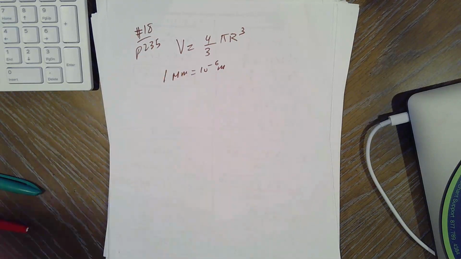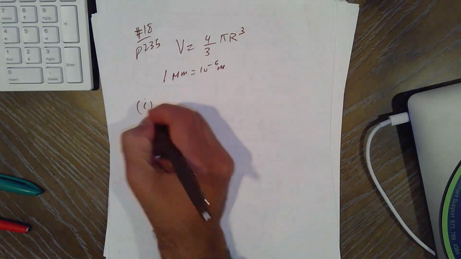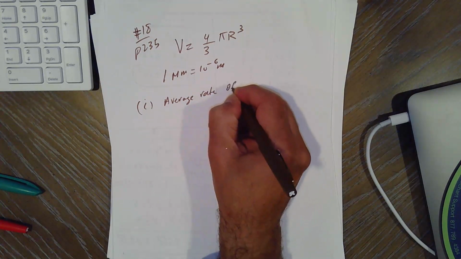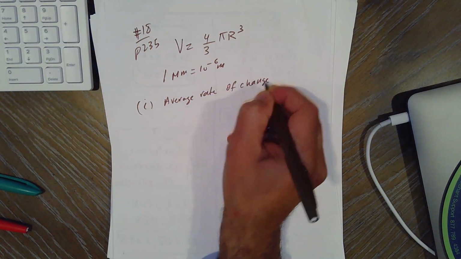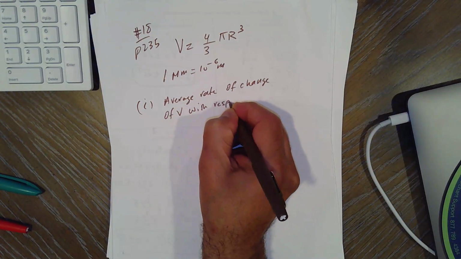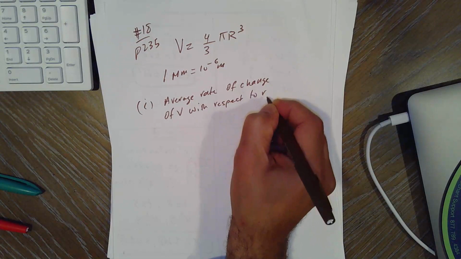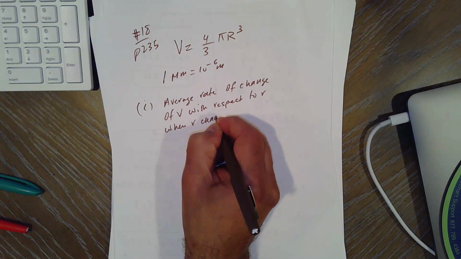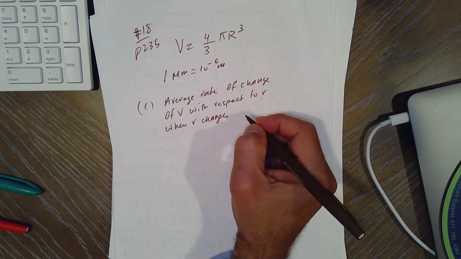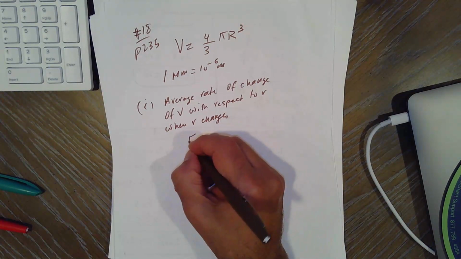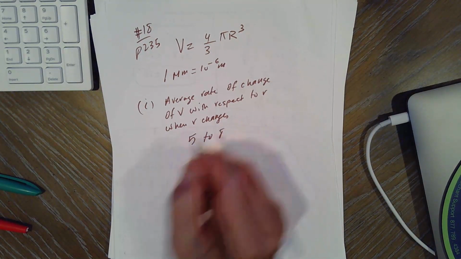so I'll just do part 1. We want the average rate of change of V with respect to R when R changes from 5 to 8 micrometers.